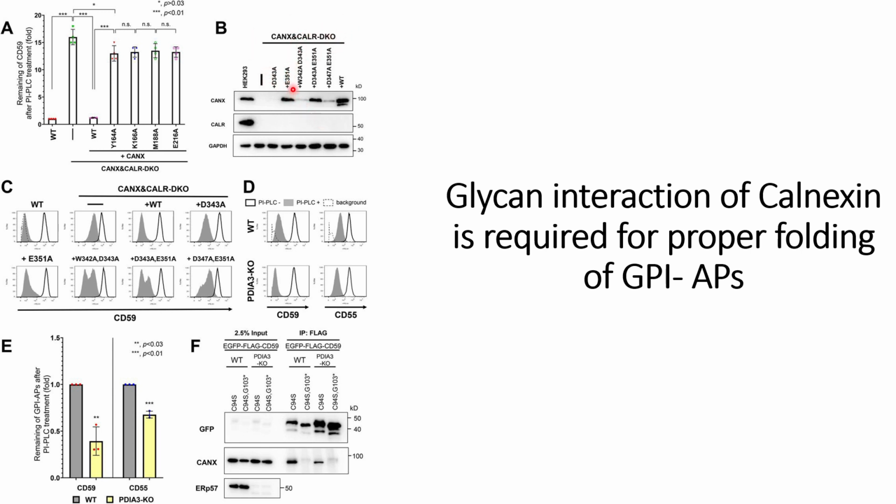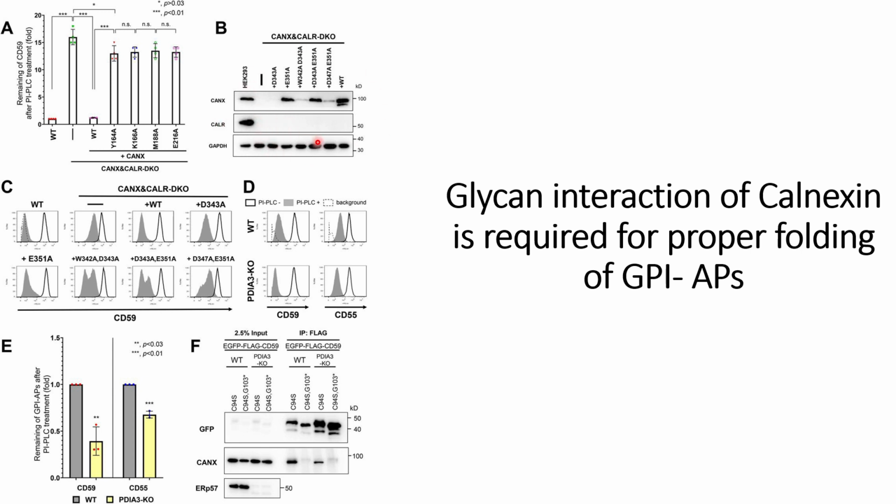So this E351A and this D343A, and this dual mutant D343A and E351A, are stable. However, the other ones are less stable, as we can see that the D343A single mutant does not have any Calnexin even after it is expressed in the cells.